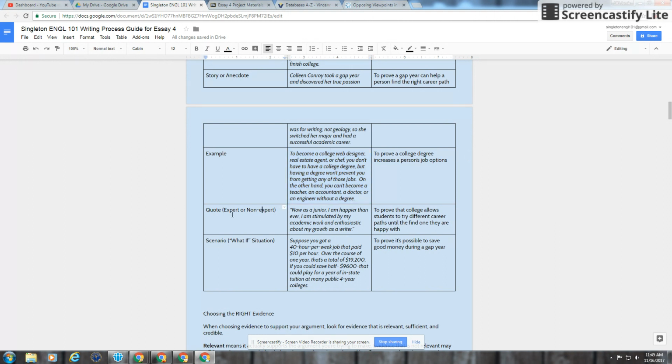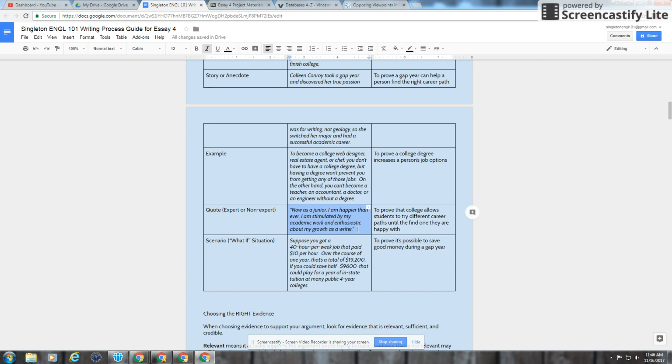The next would be a quote, and that could be either from an expert or a non-expert. So, for example, "Now as a junior, I'm happier than ever. I am stimulated by my academic work and enthusiastic about my growth as a writer." Quotes can help prove, in this case, that college allows students to try a different career path until they find the one they're happy with.